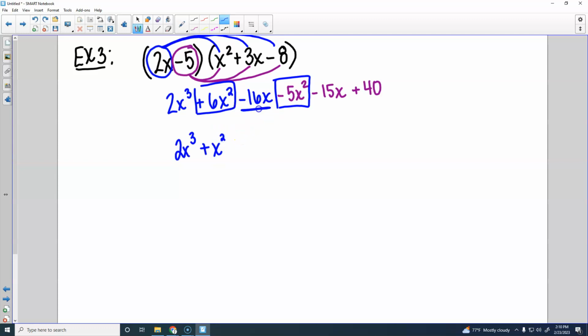You got this negative 16x and the negative 15x, which will give me negative 31x, and then that plus 40 stays there on the end. And then none of these are like terms, so you cannot combine them any further.